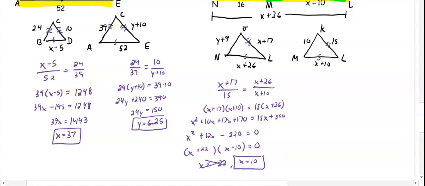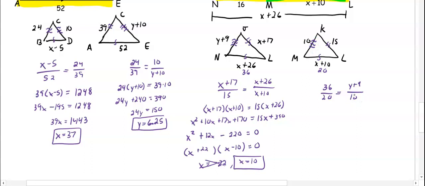Then we can substitute 10 in for x on one of the sides. I'm going to do it on the bottom side. So x, which is 10, plus 26 is 36, and 10 plus 10 is 20. So I can use 36 over 20 equals our remaining sides, so y plus 9 over 10.